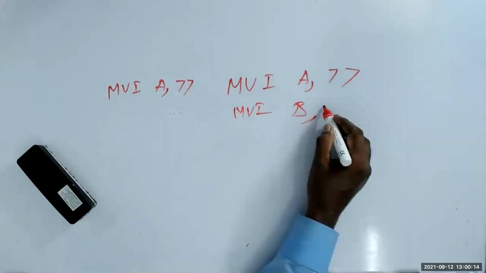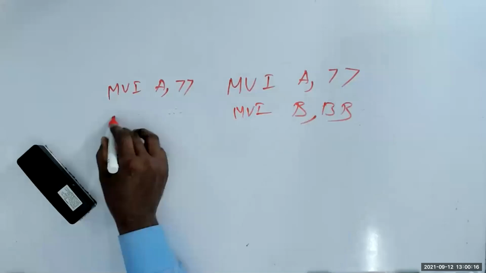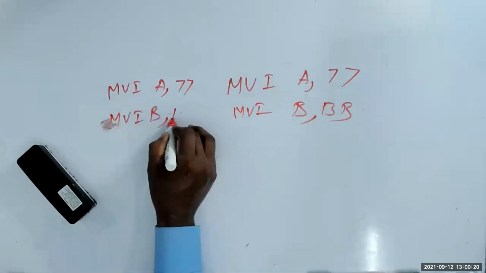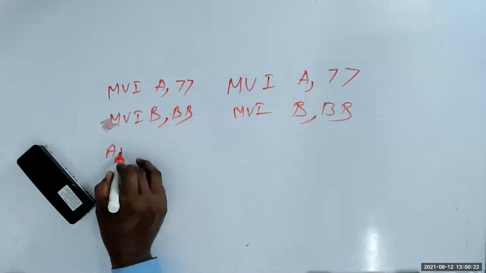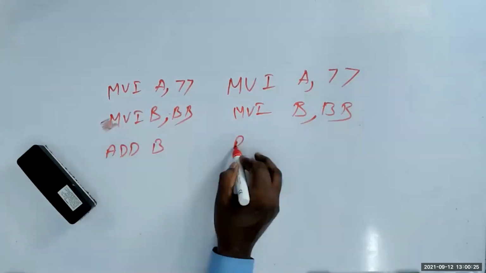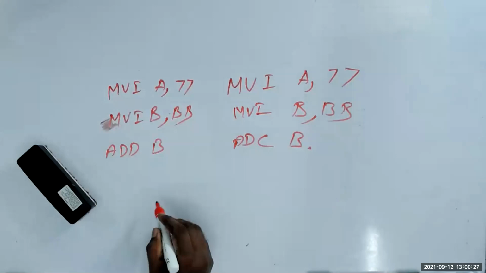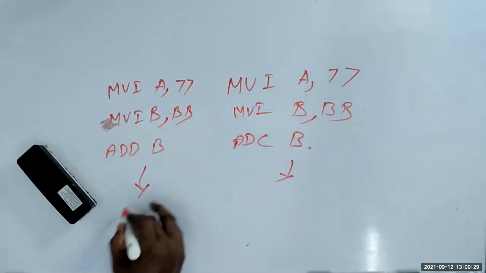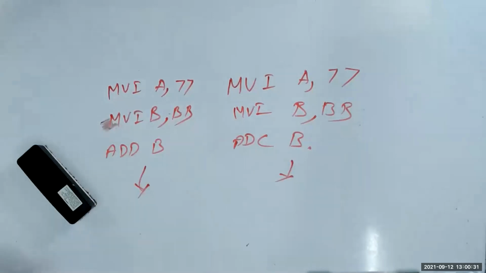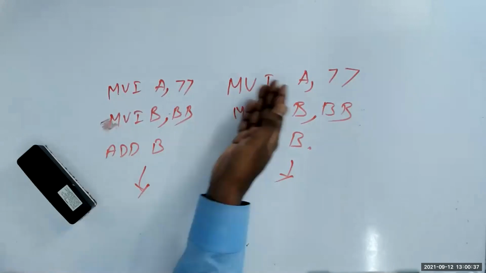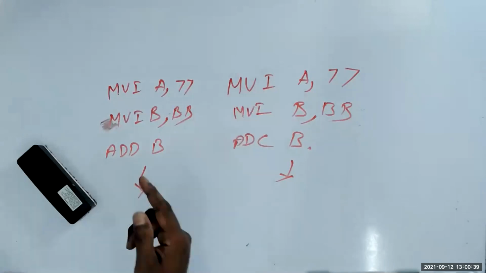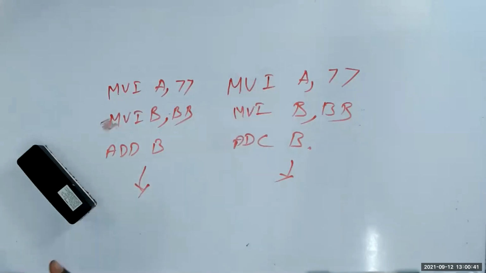Add B, or add with carry B: both will get you the same result. They will not differ because they don't have a carry set. Before the operation, if carry is set, then they will differ. I assume that carry is 0 before the operation.